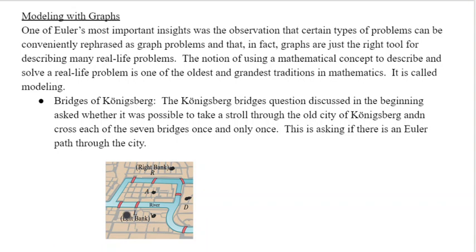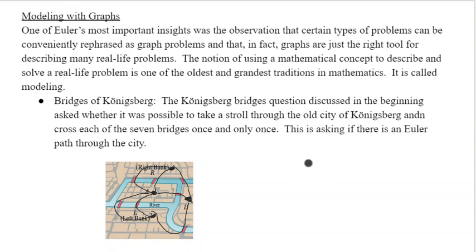All right, then they are connected via the bridges. So this middle part is connected to the right bank here and here. The middle part is connected to the left bank here and here. The middle part is connected to area D through this bridge, and then D is connected to the right bank with this bridge and the left bank with this bridge.